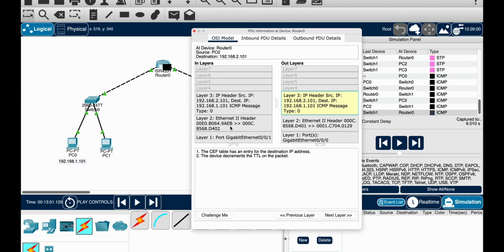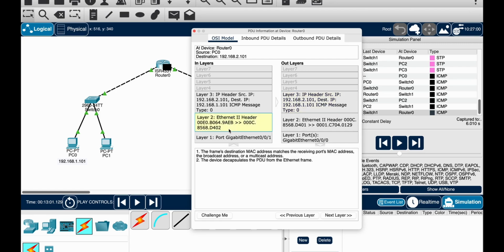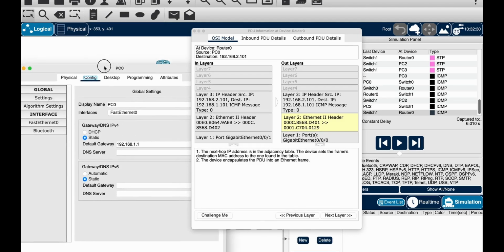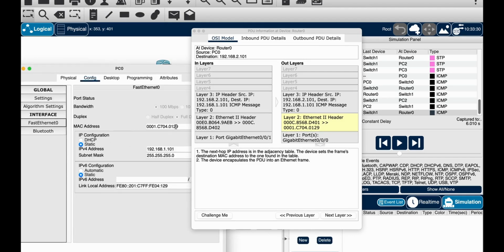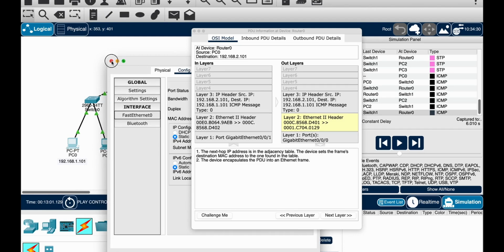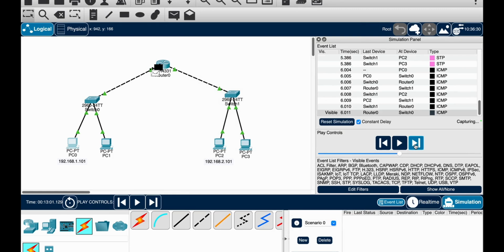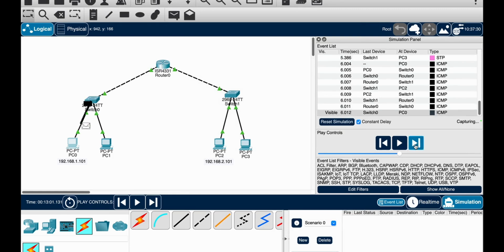The packet which came in had this source and this destination, and now it has changed to this source and this destination, 0129, which is this guy over here. So FastEthernet 0129. Hopefully this is making sense. And now you can go ahead and run this packet and it's going to go out and reach the proper PC.